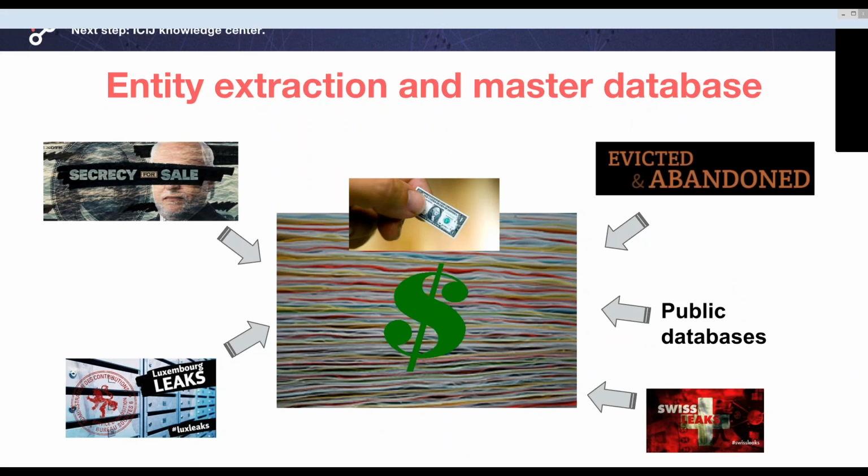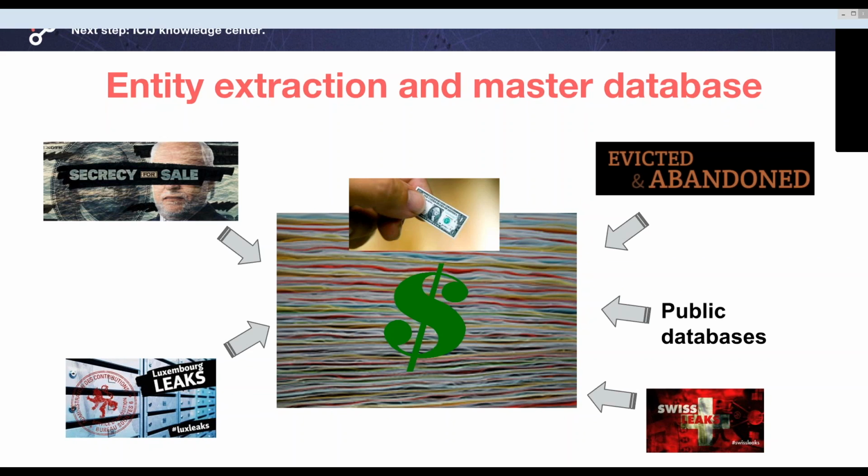So what is next for the ICIJ? The ICIJ is working on a knowledge center, which will combine data from different data sources, including the Panama Papers, but also Swiss Leaks, Luxembourg Leaks, and other investigations, together with open source data collected on the internet.